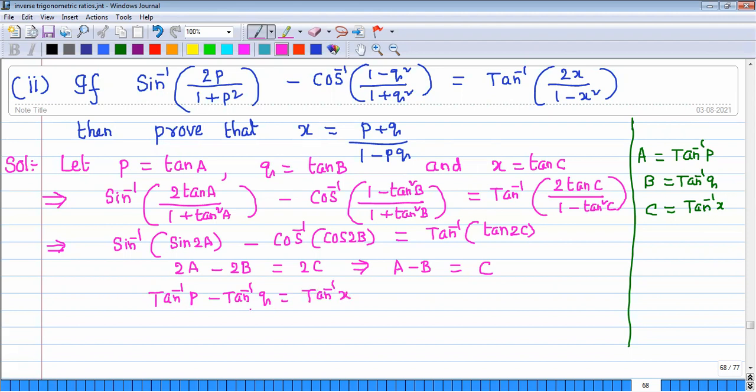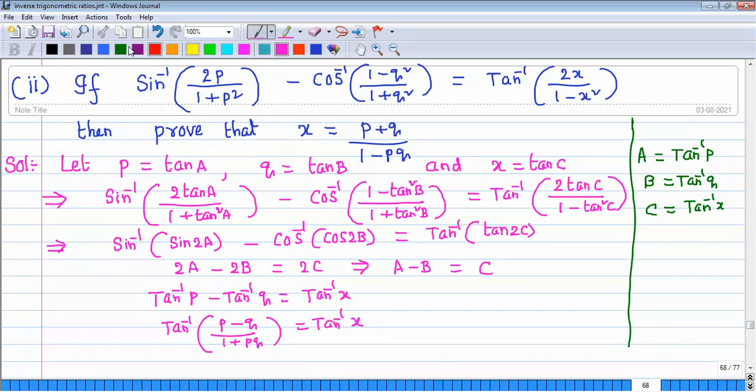This tan inverse p minus tan inverse q, you can write as tan inverse of p minus q by 1 plus pq, is equal to tan inverse x.